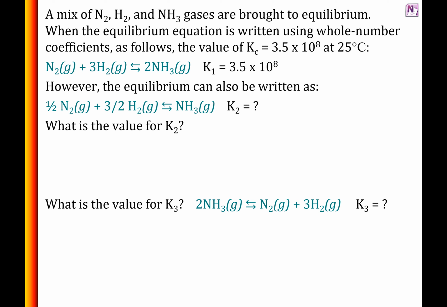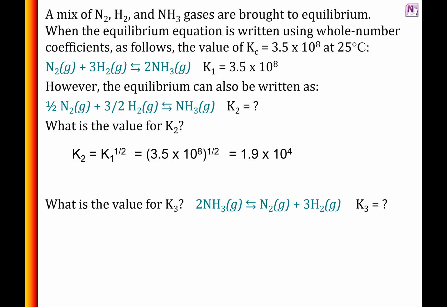So 1/2, 3/2, and 2/2, which gives us 1. So to get our new K value, K2 will be equal to K1 raised to the same power as what we just multiplied the equation by. So we just raised K1 to 1/2, in other words, take the square root either way. So it would be 3.5 times 10 to the 8th raised to the 1/2, which gives you a new K value of 1.9 times 10 to the 4th.